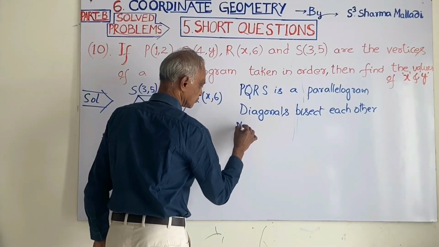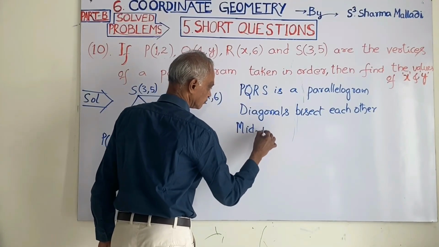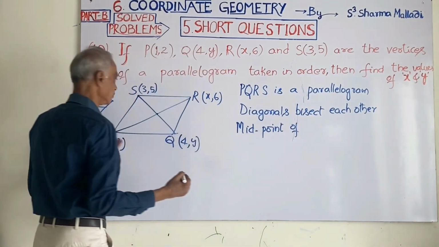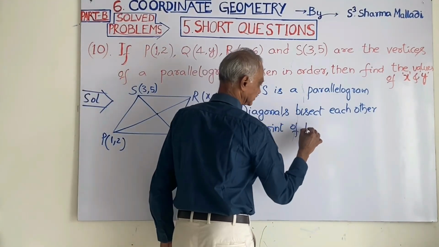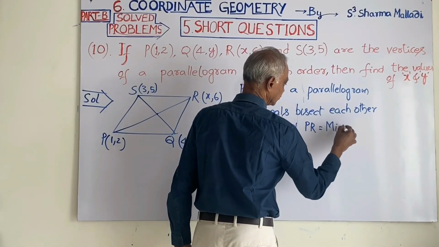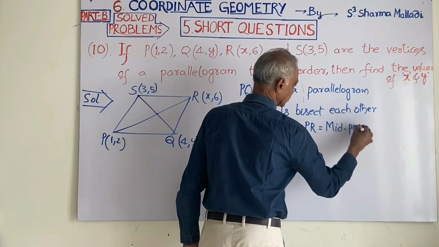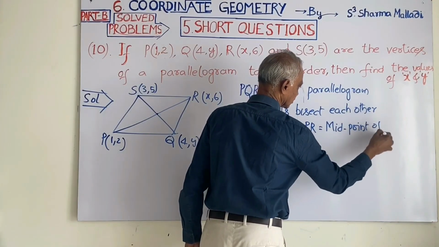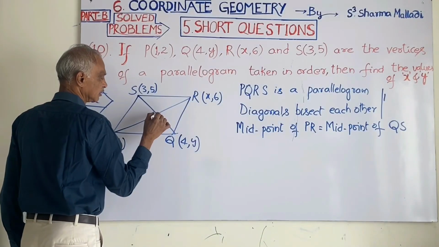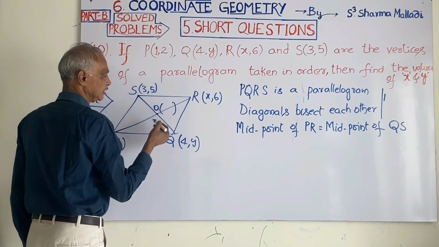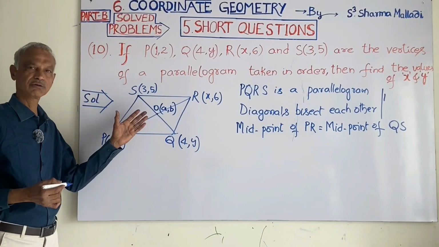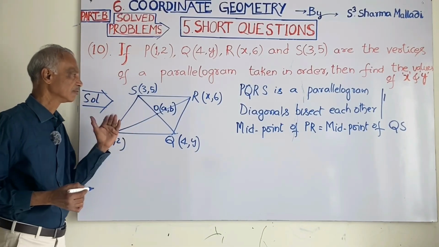Means the midpoint of PR should be equal to the midpoint of SQ. You take a point O as (a, b).